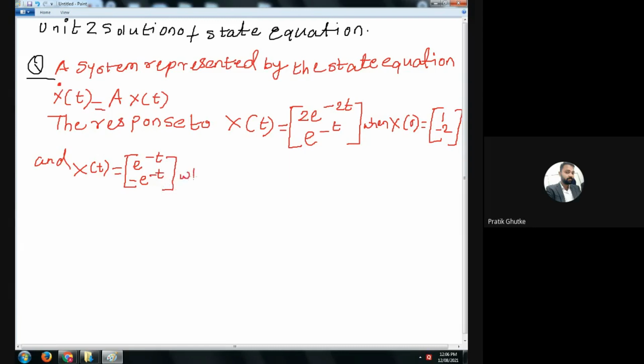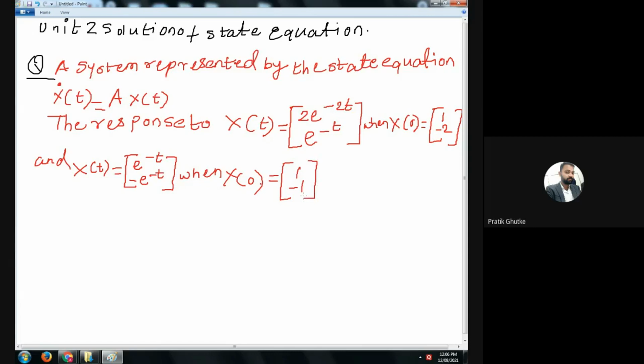When x of 0, that is the initial condition, is 1, minus 1. So this is the condition they have given in the numerical.